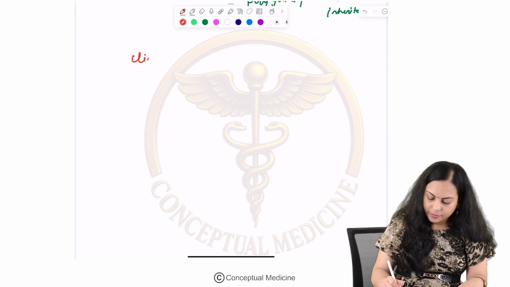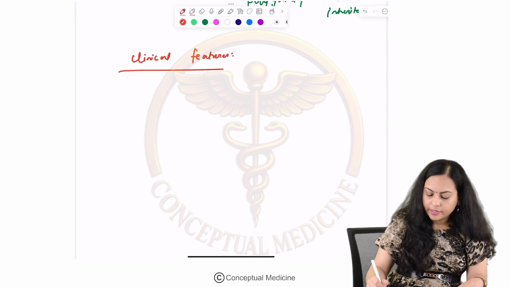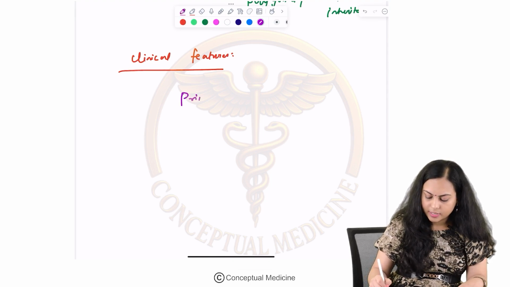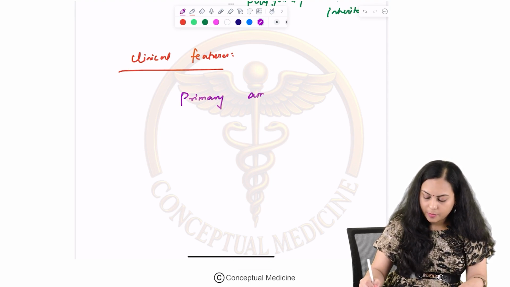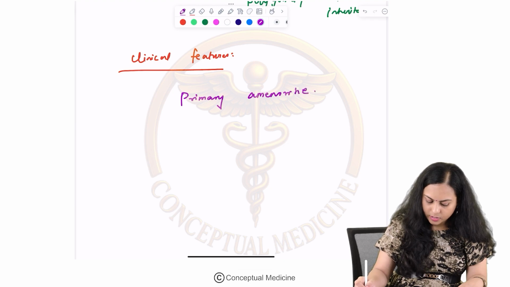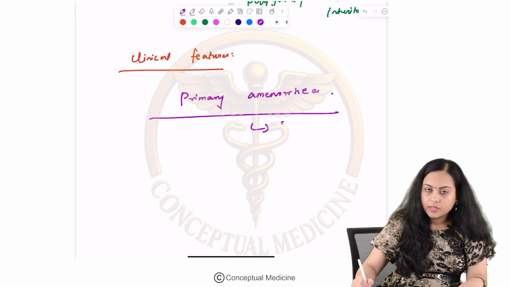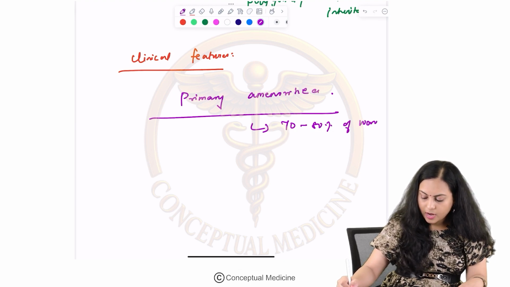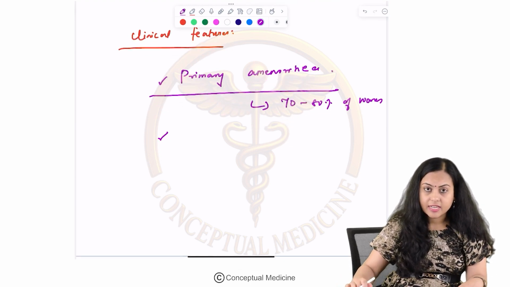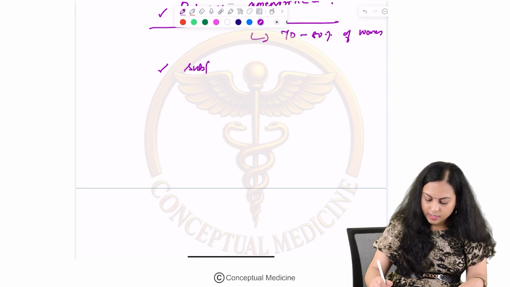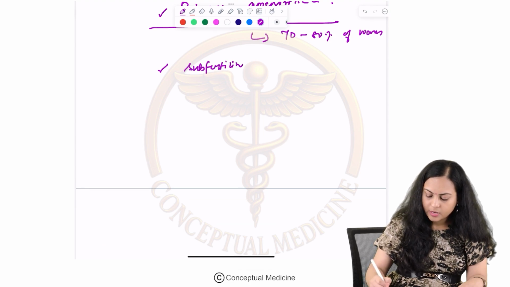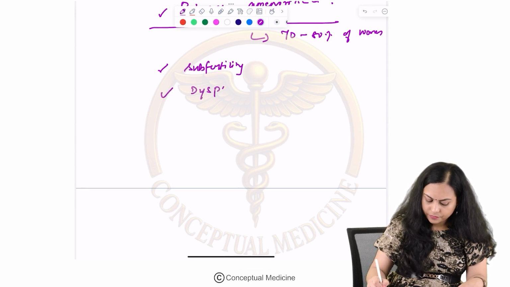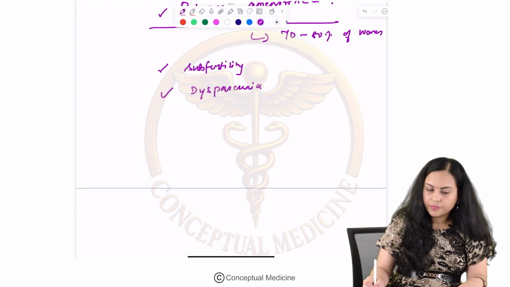So finally, if we bring about the clinical features, as I have already told you, the women will be presenting with, yes, primary amenorrhea. So this will be the complaint in nearly 70 to 80% of the women, and sometimes they can even present with subfertility, dyspareunia also.